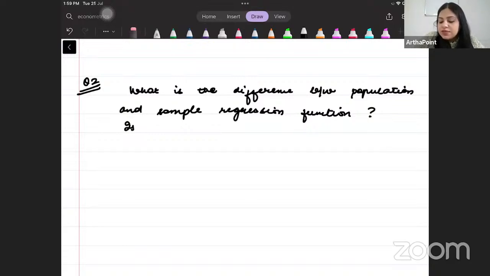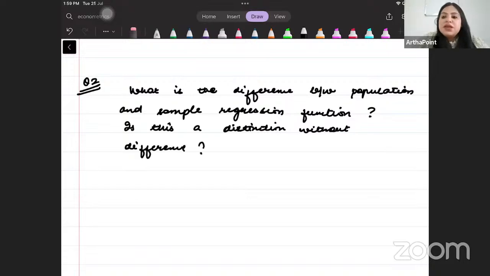Is this a distinction without difference? This is the question, number 2.